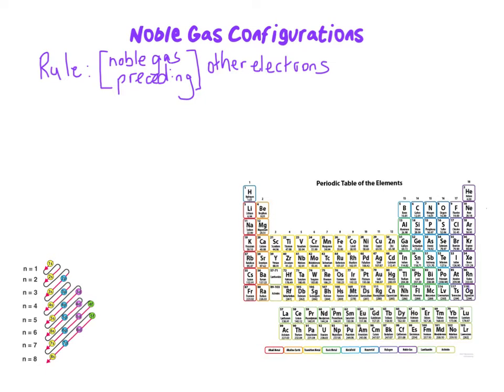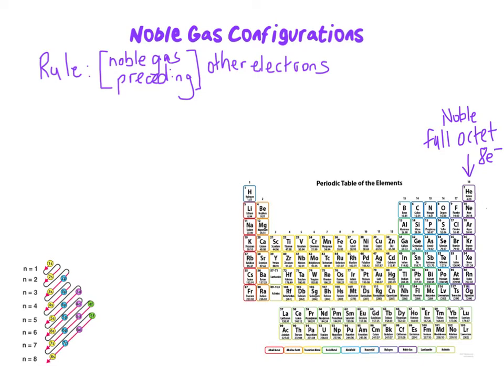Okay, so you might be wondering why we call this group over here the noble gases. The reason why we call these noble is because they have what we call a full octet of electrons in their outer shell. That means they have a full 8 electrons in that outer shell.